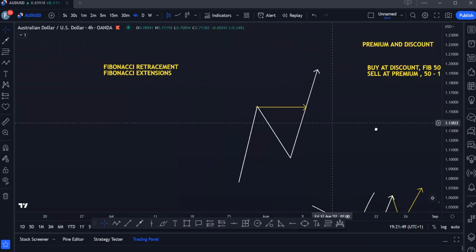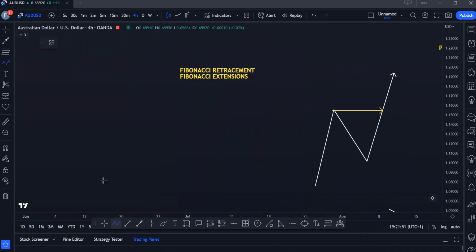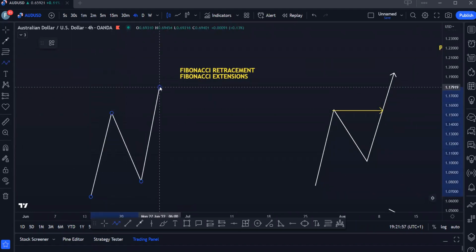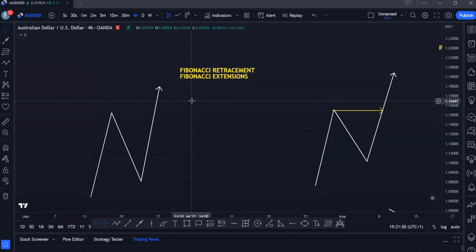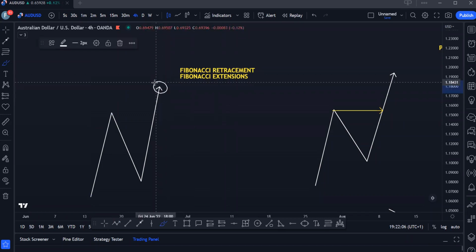When you look at market structure, impulse, correction, impulse, this is your higher high and this is your higher low.